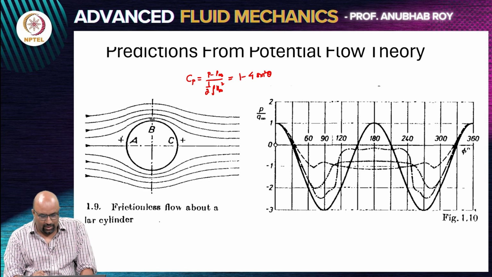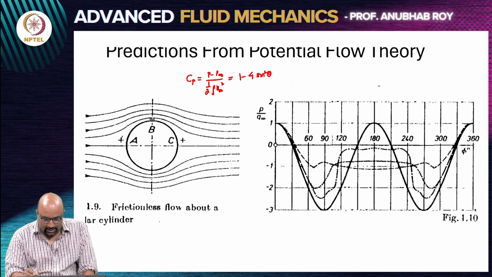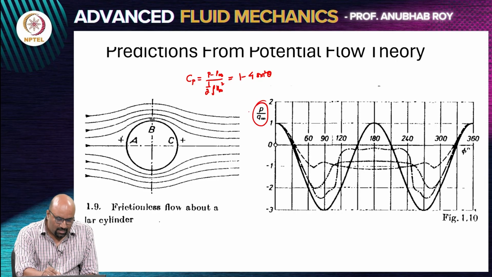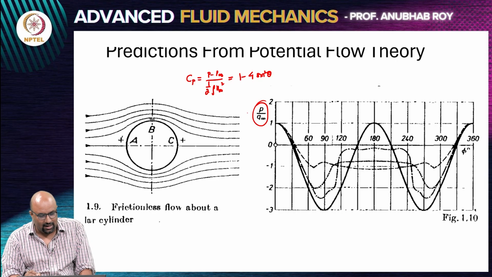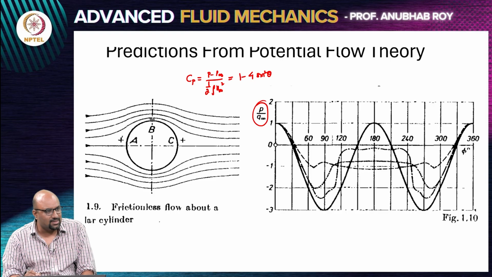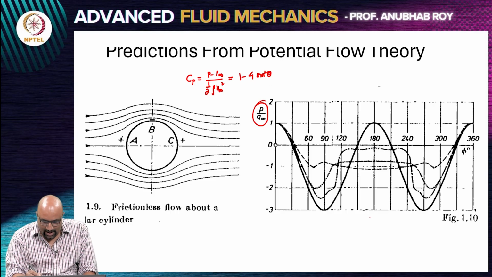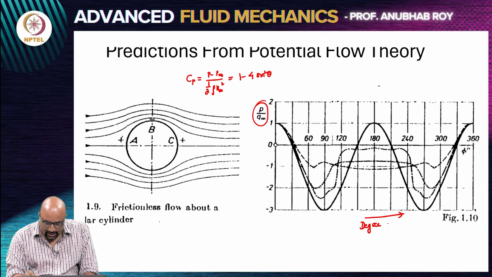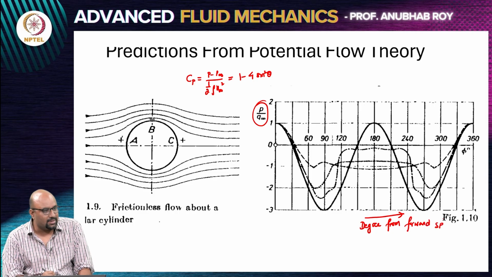And if you recall, here you see pressure scaled by P infinity, so it's like Cp that you are observing, and on the x axis is degrees from the forward stagnation point. So, that is like pi minus theta.